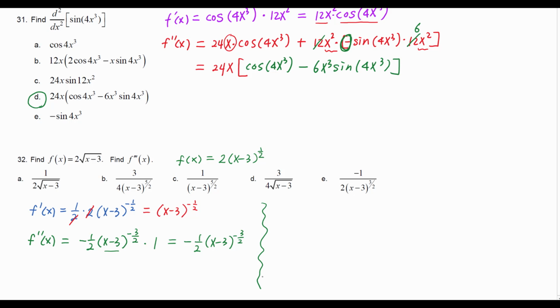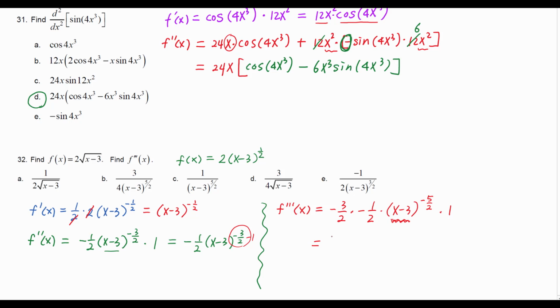Okay, so now let's find f triple prime of x. F triple prime of x is equal to, you need to bring this down, so negative 3 over 2 times, you had a negative 1/2 times x minus 3 to the, lose 1 from the power negative 3/2, you get negative 5 over 2, times the derivative of the inner function, which is just 1.